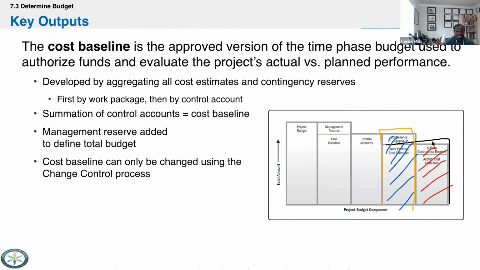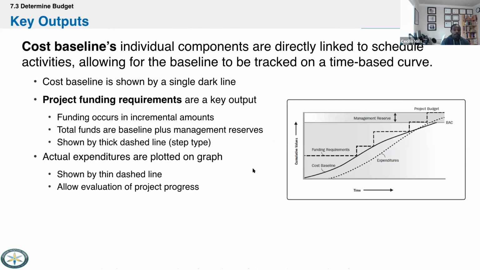I've got to beat that home because the exam loves to try to trip you up on this. So just remember, PMs own the cost baseline, which contains contingencies, the C&C, cost baseline contingencies. That's the key output. That's what we're going to create in this process.